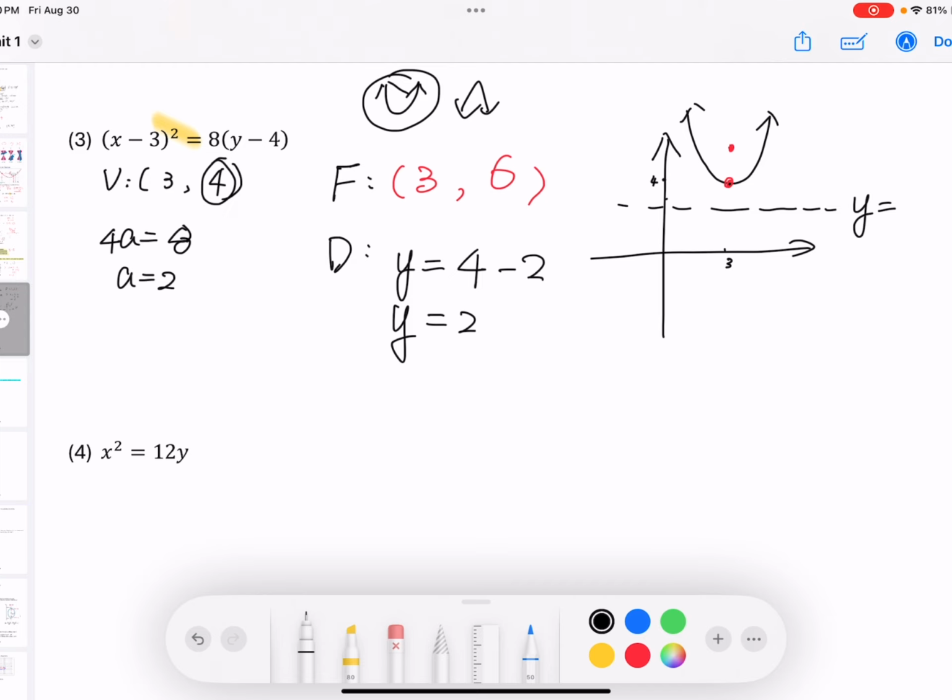You can also say from the graph, based on my vertex, I move up 2 units, which is the absolute value of a. I can find my focal point, or focus. And then going down 2 units, the y value is 2, and I get my directrix. Yes, you can also use this method. Okay, let's see the next example.